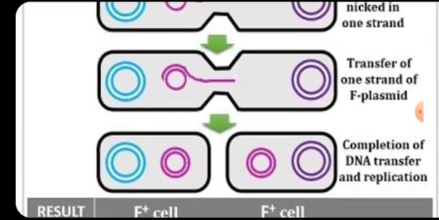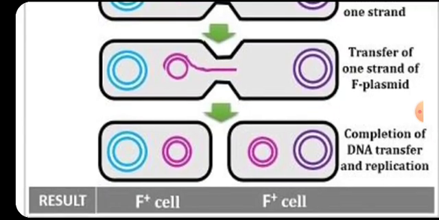After the transfer is complete, that strand again forms a new complementary strand, so that again there is formation of a double stranded structure of the plasmid. So finally you can see that the donor cell regains its plasmid, and the recipient cell receives a new plasmid.